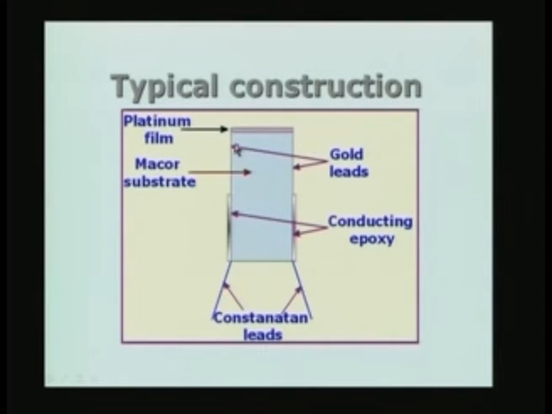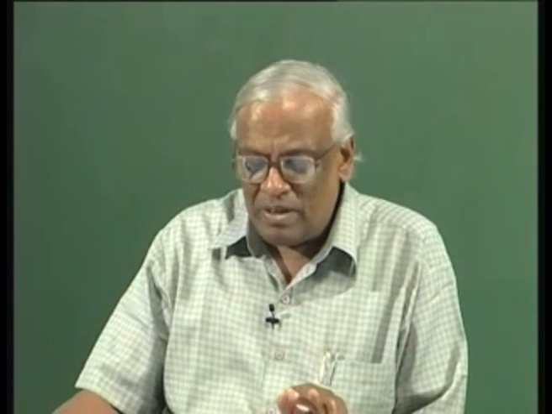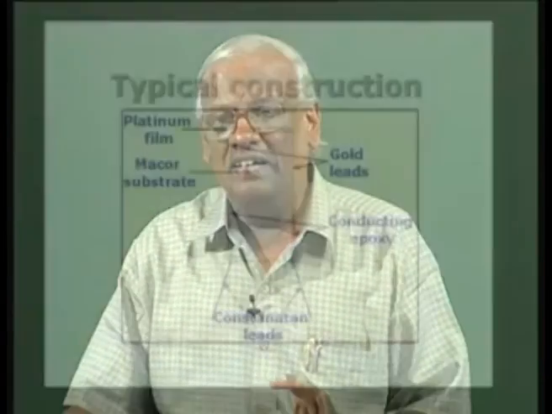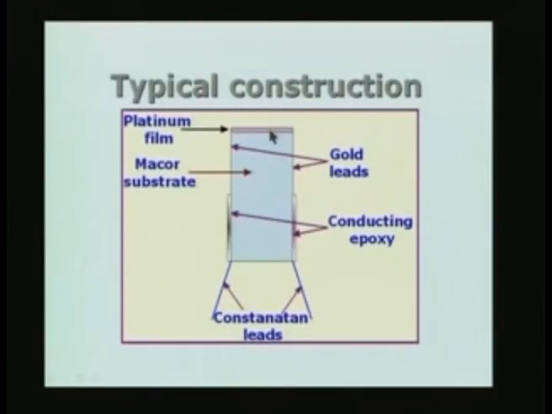Therefore, essentially this is a resistance thermometer, the film itself acting as a resistance thermometer, and the temperature of the surface when it is exposed to a heat flux is measured by following the resistance. You know already that the resistance increases with temperature more or less linearly, and if you do not allow the temperature to swing by very large values, the linear assumption may be justified.